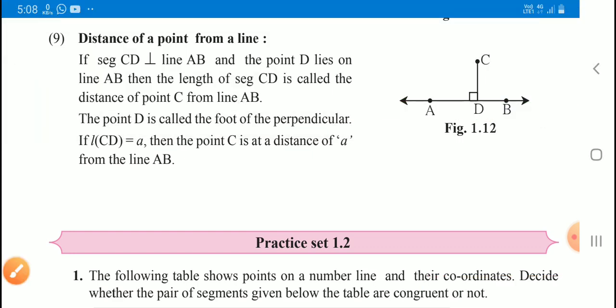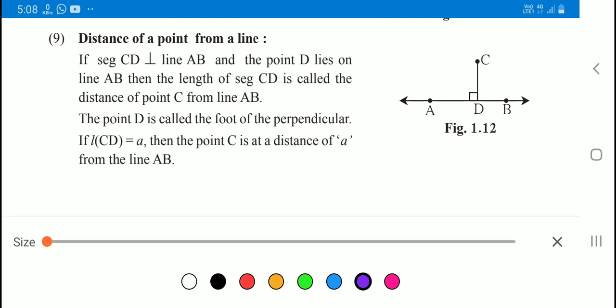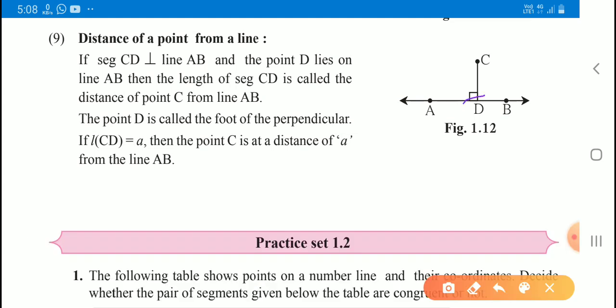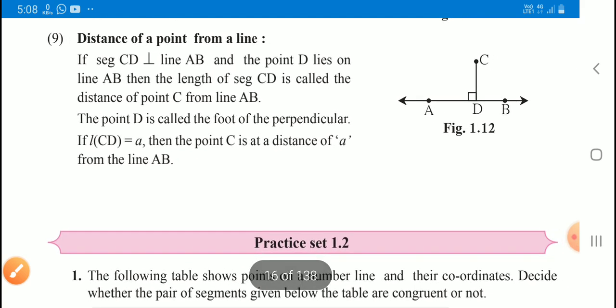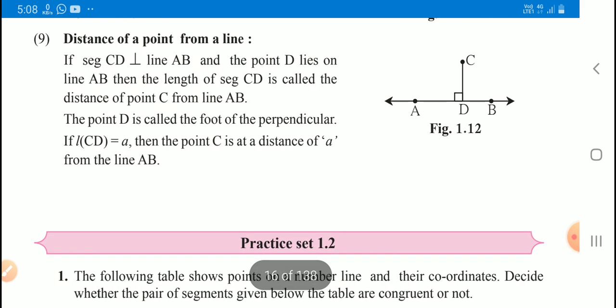The point D is called the foot of the perpendicular. This point D is known as the foot of the perpendicular, meaning we get the perpendicular near the point D, and whatever angle is here, it is 90 degrees.